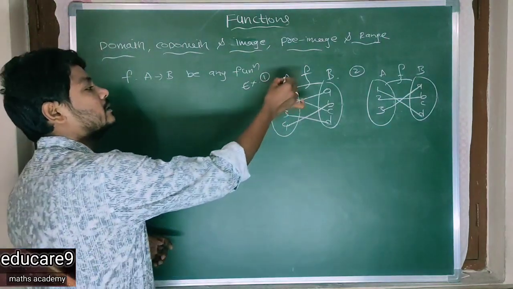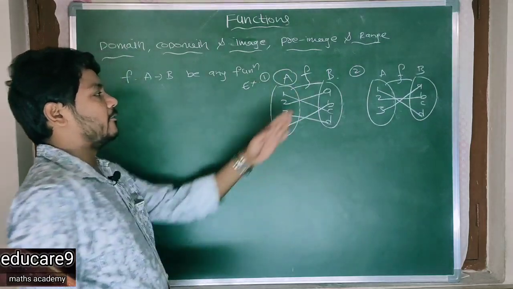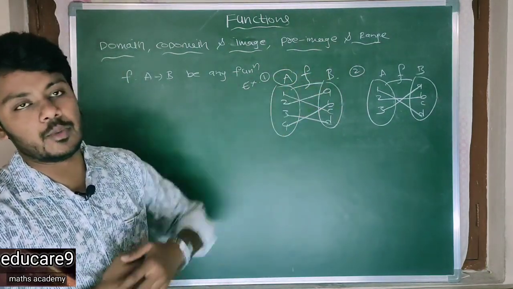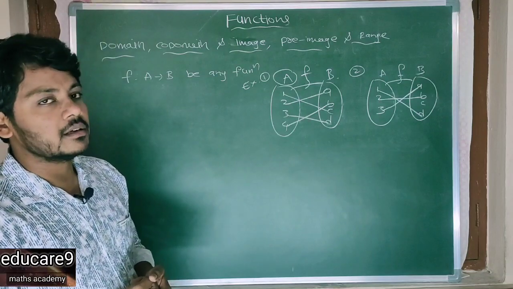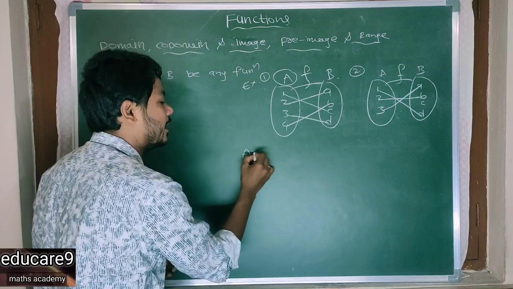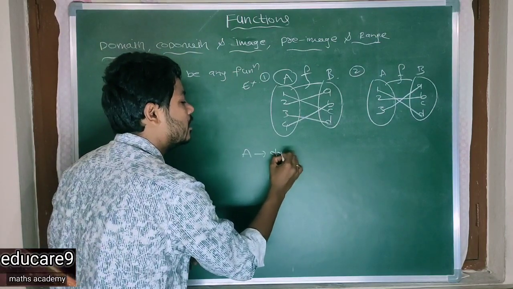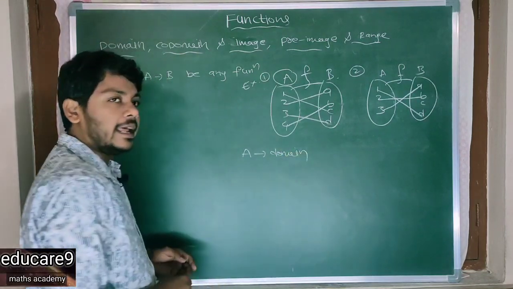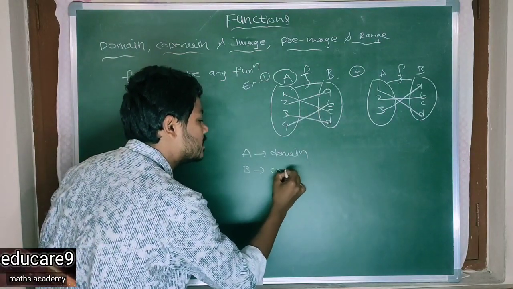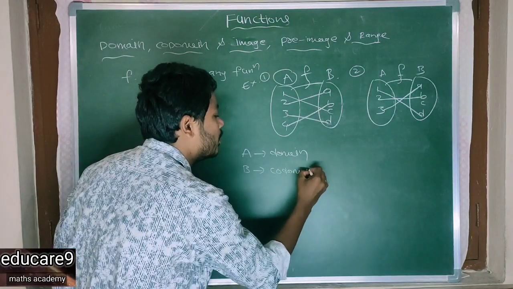Here f from A to B is said to be a function, and A is called the domain and B is called the codomain.